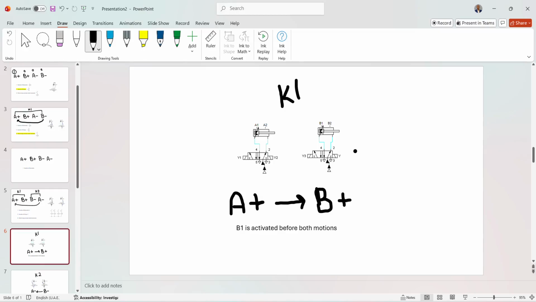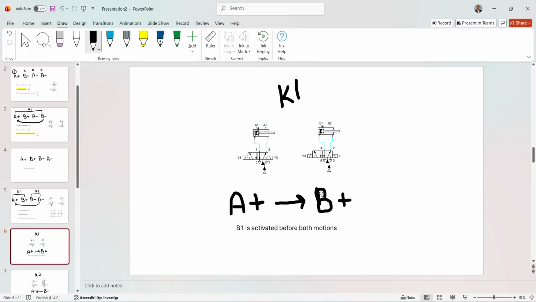In order to understand which one to add, whether it's A1 or B1, we need to look at the sequence itself. K1 corresponds to both sequences, A plus and B plus. Since A plus happens before B plus, if we make the activation of K1 by A1, whenever the cylinder starts moving this way, A1 is deactivated and K1 is no longer activated.